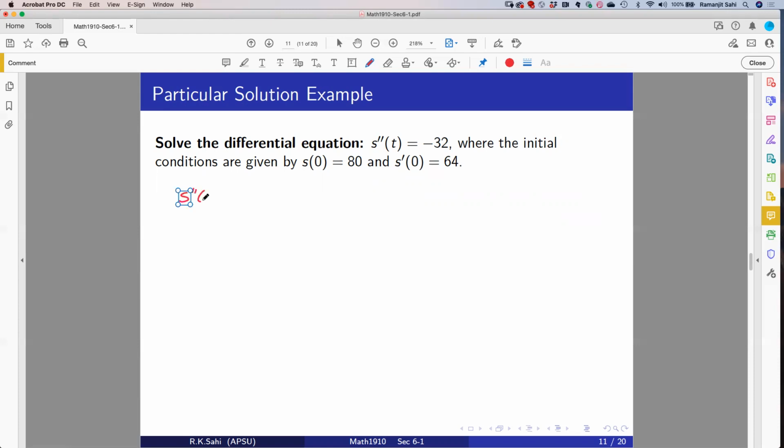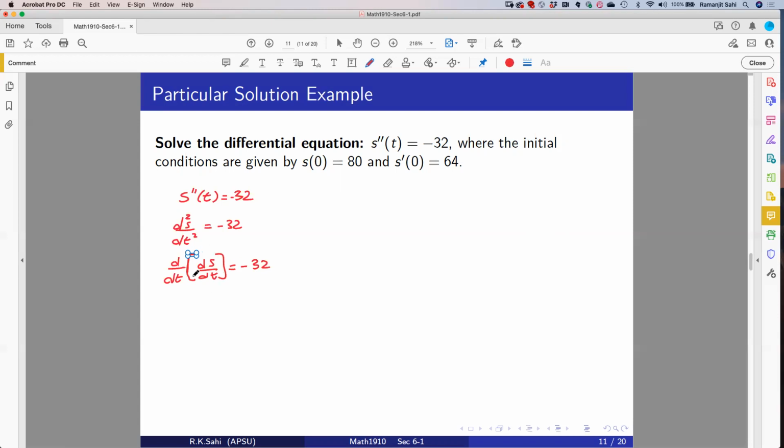So we are given s double prime of t equals -32. We can write s double prime of t, if you remember, as d squared s over dt squared equals -32, which we can write as the second differential d/dt of ds over dt equals -32.